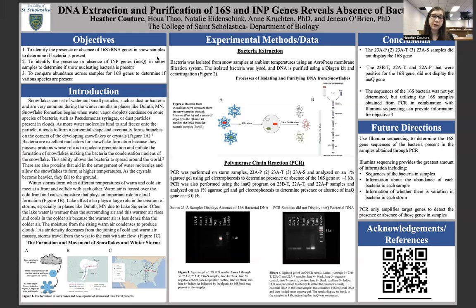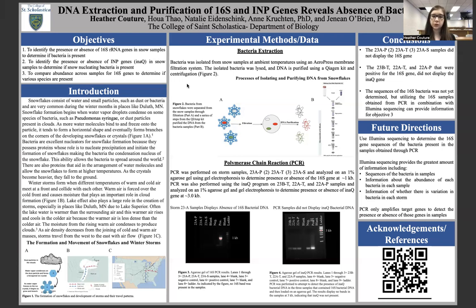So we kind of want to identify if bacteria is present at all. We want to know if the nucleating bacteria is present, and then we want to compare the bacteria samples to identify how many and the identity of the different bacteria that could be in these different snow samples.